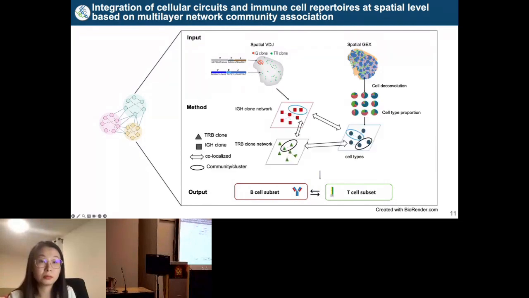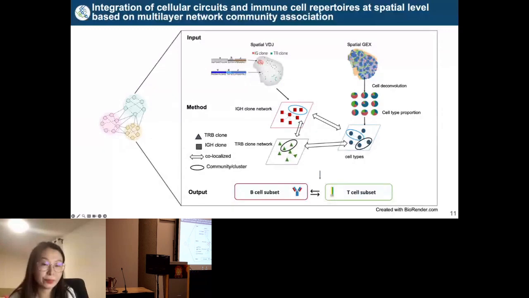For spatial transcriptomic data, we perform the cell deconvolution to obtain the proportions of cell types on each spot and generate a cell type network. And for spatial VDJ data, we construct IGH and TRB clone networks based on their sequence similarity and spatial localization.